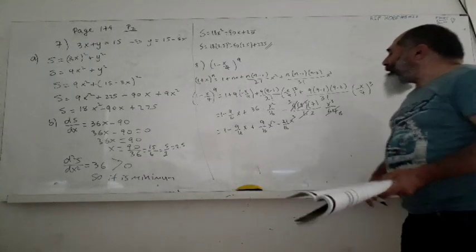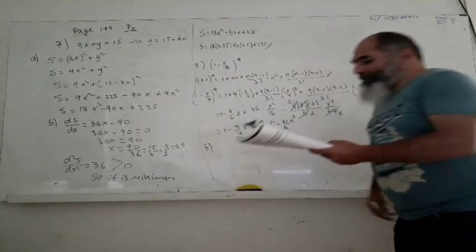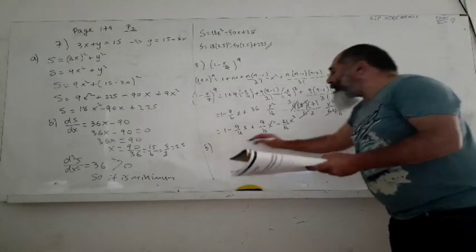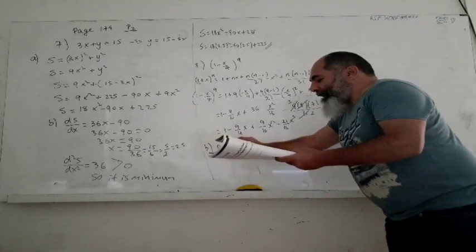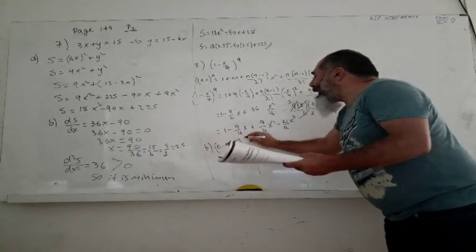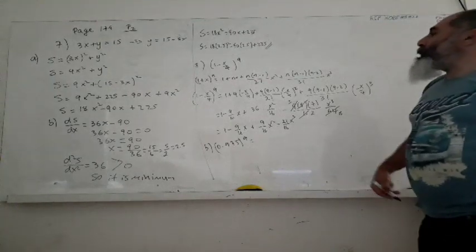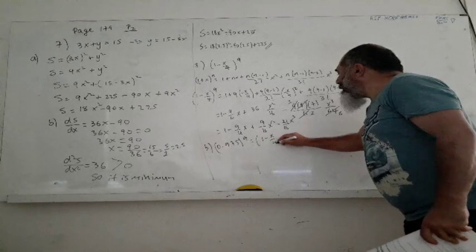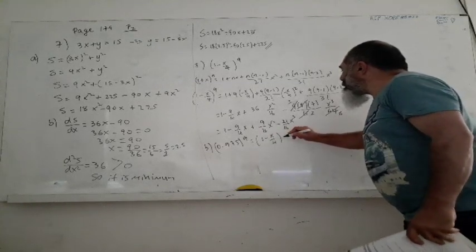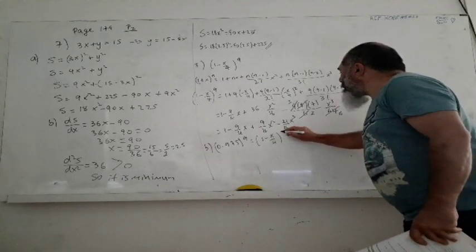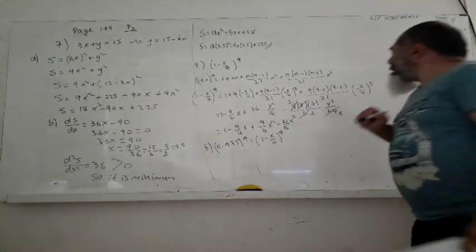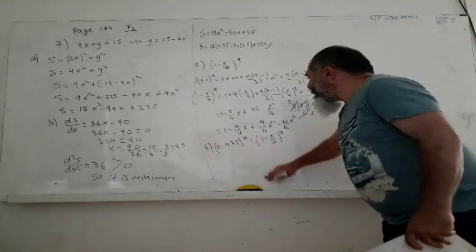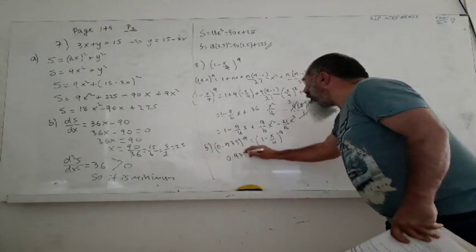And part B says use your expansion to estimate the value for 0.975 to the power of 9. Let's equate this one with the original expanded expression. 0.975 must be 1 minus x over 4.